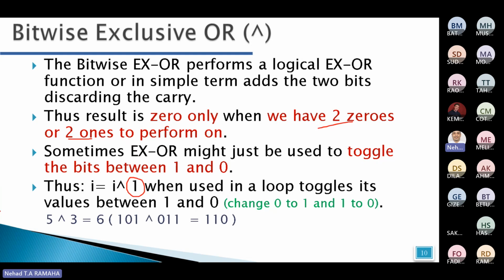So this is a usage. But what about XOR between numbers like this? Same idea. This 5, this 3. XOR means if they are the same, the result is 0. If they are different, 0 with 1, the result is 1, and 1 with 0, the result is 1. So how much is this? 2 plus 4, which is 6.